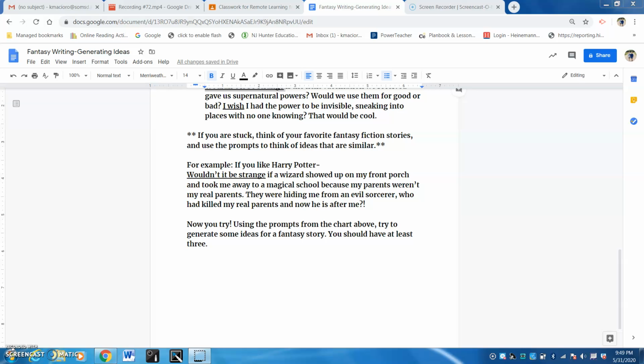If you're stuck, like I said before, use a story that you know. Or take a walk outside, look at the settings around you. If you're in a park, what fantasy fiction idea could you generate by having a park as a setting? For example, what would happen if the trees started to talk to you and tell you that they were in danger?